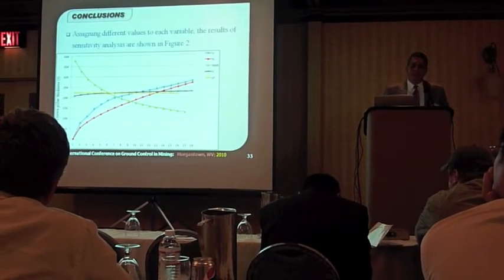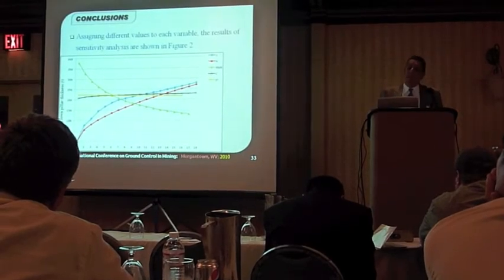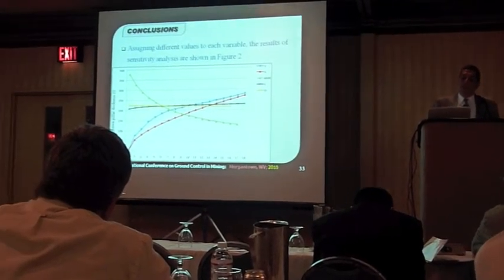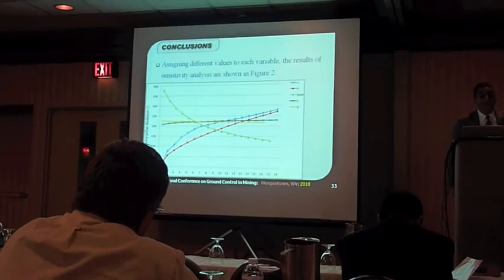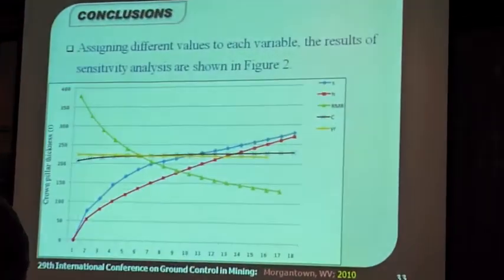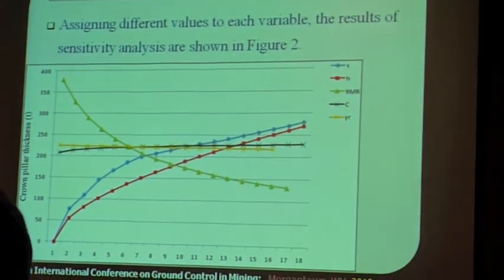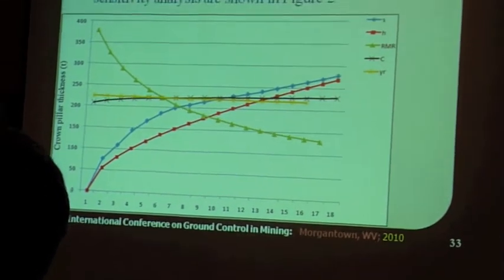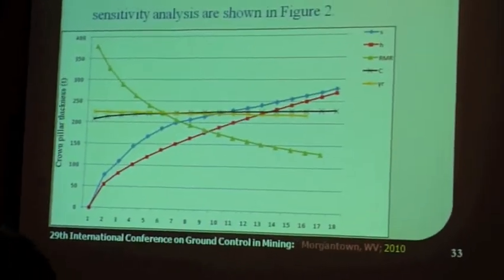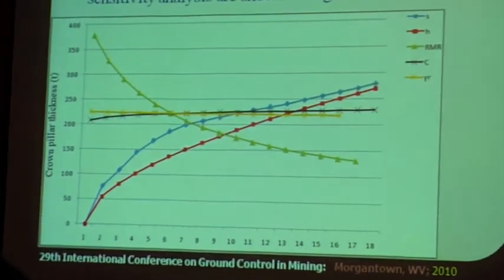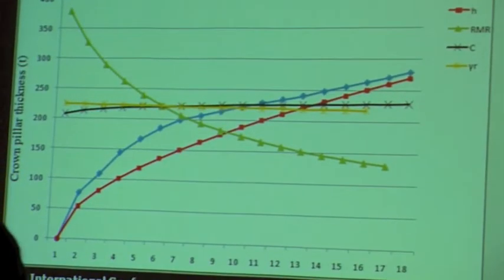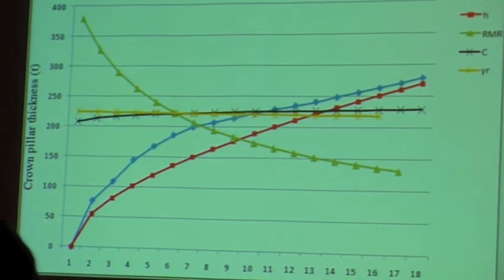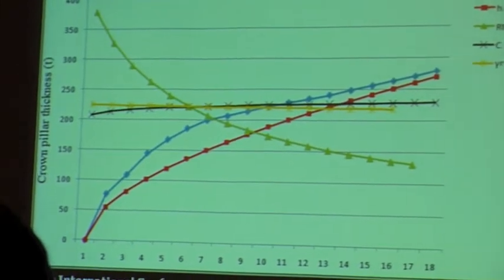Now, assigning different values to each variable, the results of sensitivity analysis are shown in this figure. S, that is the span, the width of the base of the block, has the most important effect.